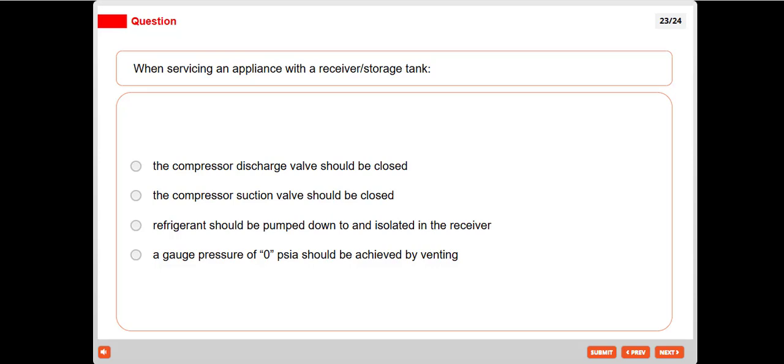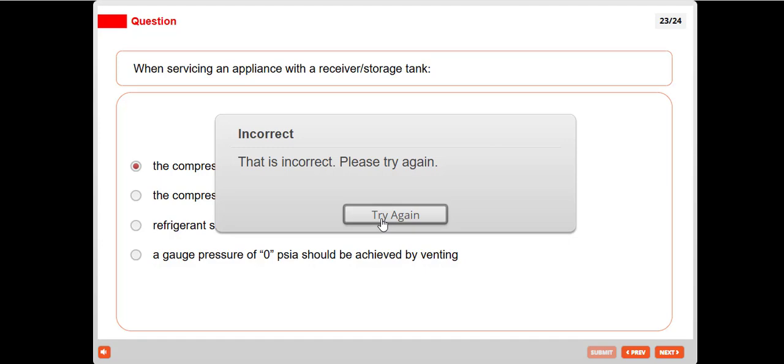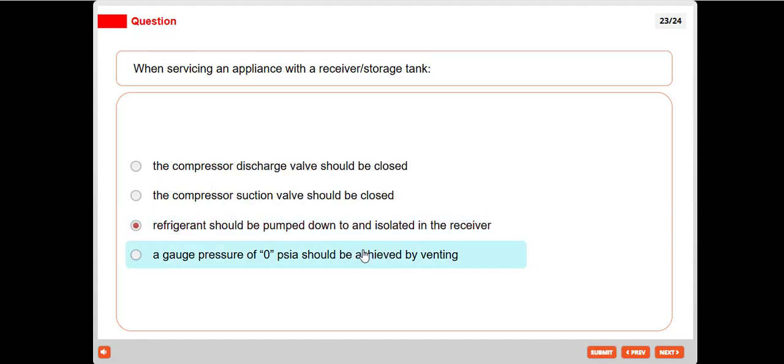The refrigerant should be pumped down to be isolated in the receiver, because I am using the receiver as storage.